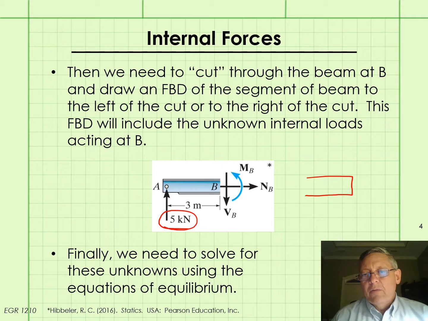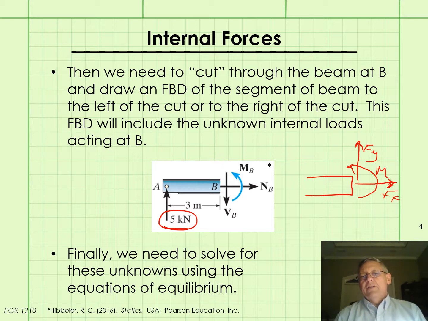So normally, from what we've learned so far, we would show a force in the X direction, a force in the Y direction, and then a moment for a fixed support. So that's what we have here when we've cut the middle of this beam.